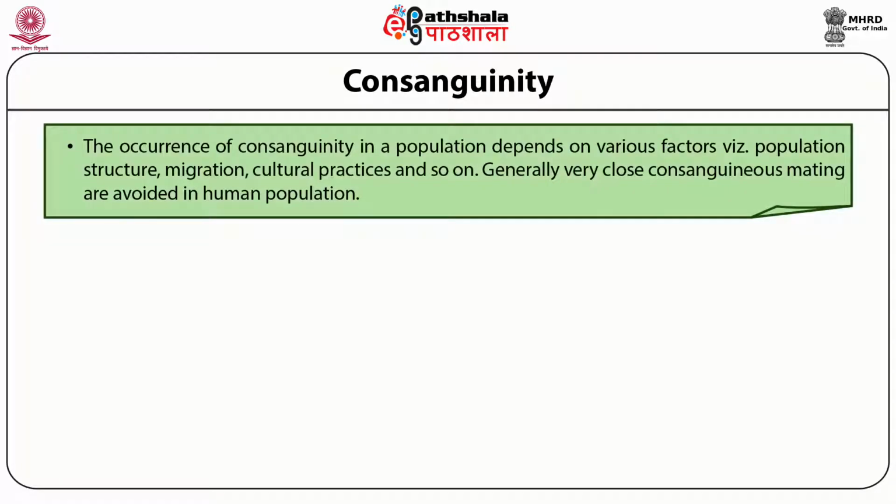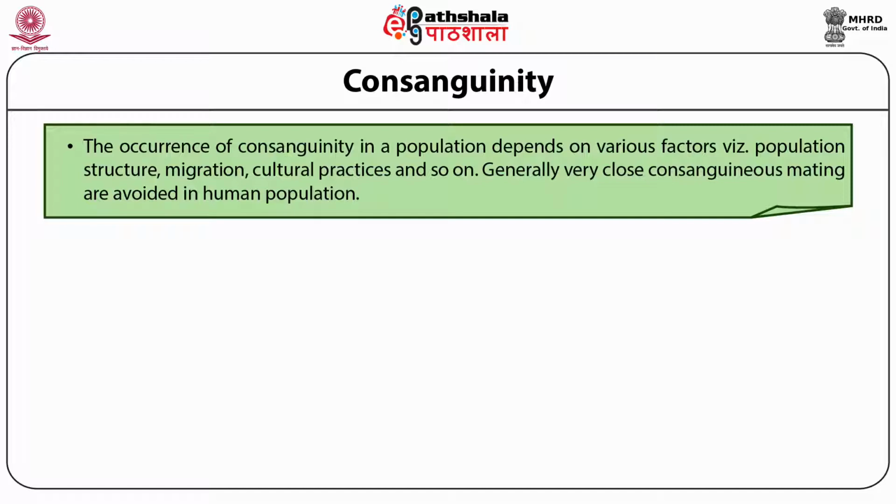The occurrence of consanguinity in a population depends on various factors, namely population structure, migration, cultural practices, and so on.